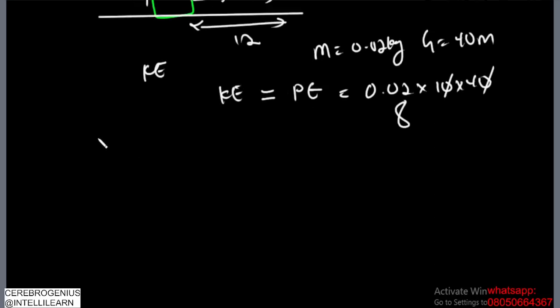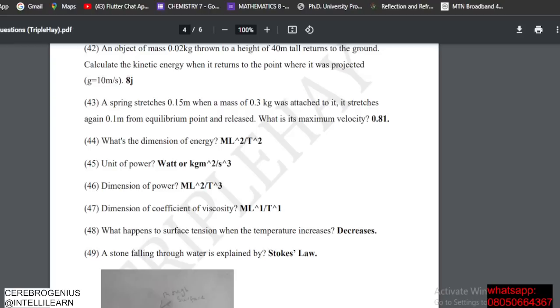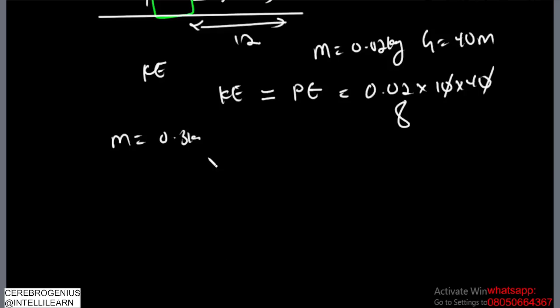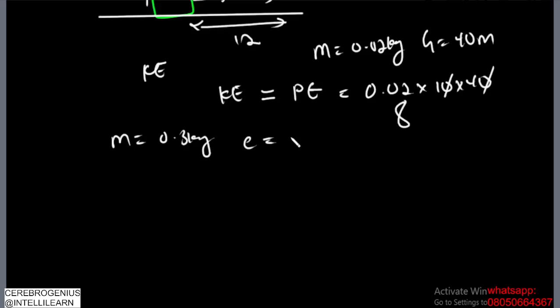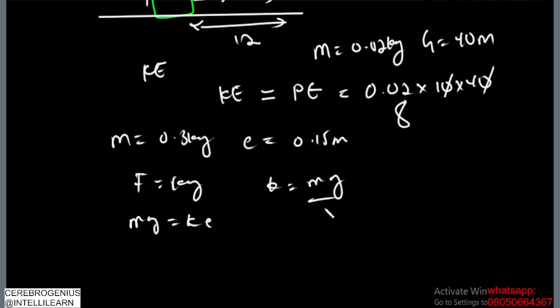With this you can get K. Using F is equal to Ke, since it is the weight that is stretching it, we say mg equals Ke. So that means K will be mg divided by e.